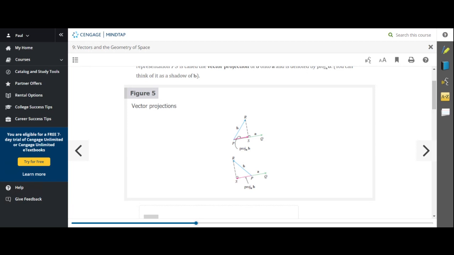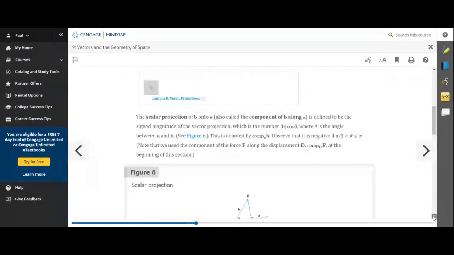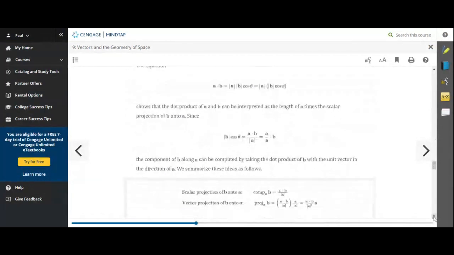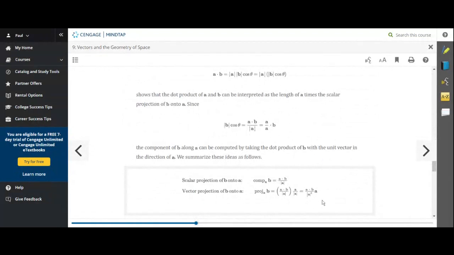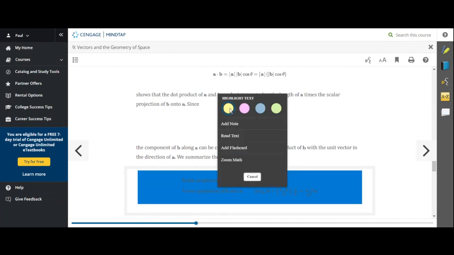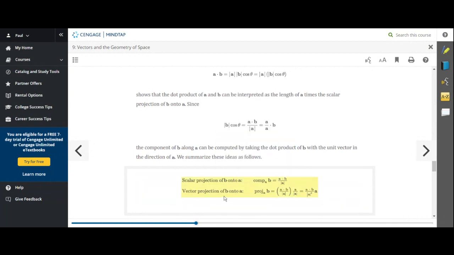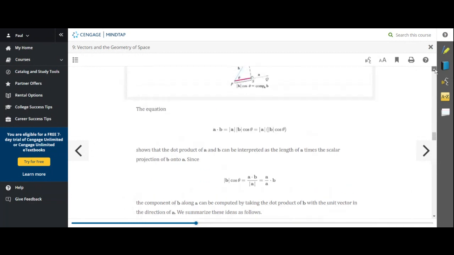In the book they have formulas for the component of the projection vector and then the actual projection vector itself. I guess it isn't too hard to show it.